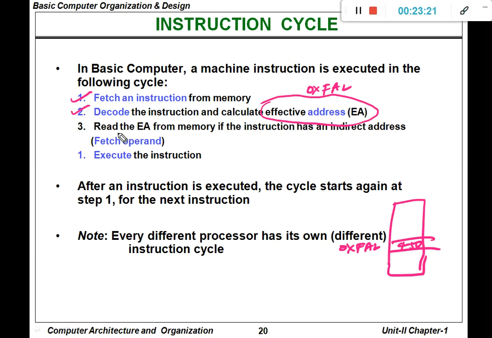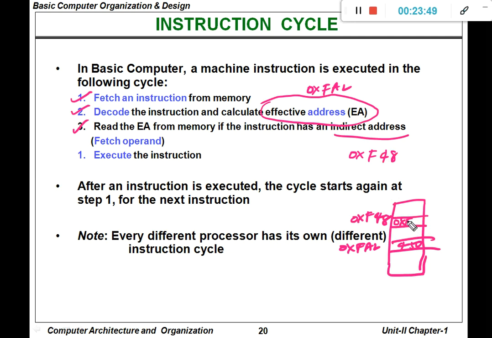However, step number 3, read the effective address from memory if the instruction has an indirect address. So if the address is an indirect address, such as 0xF48, then 0xF48 will not contain the value. It will contain one more address.